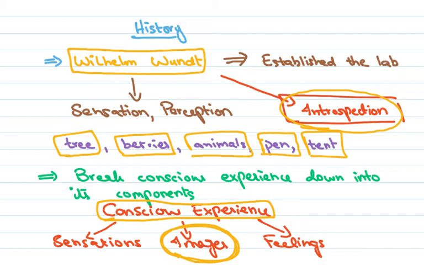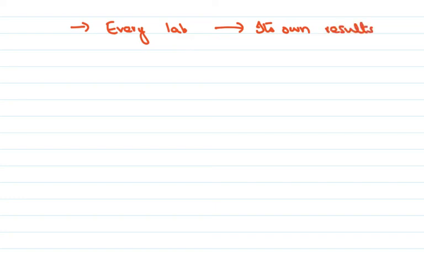And another thing that started happening was that every lab that was using introspection as its method had its own results, which always seemed to come as proof for the theory that that particular lab was testing.